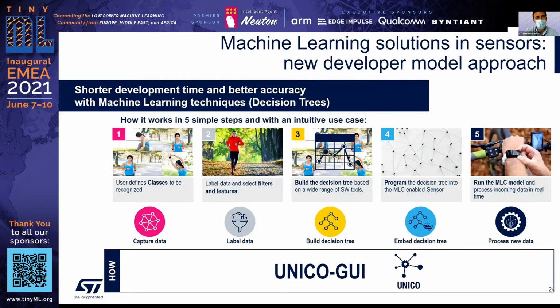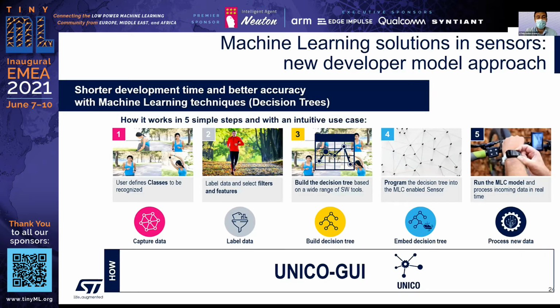How does it work? We will see it afterwards, but we basically have five steps to run. We have to capture the data and define the classes. This means that if you acquire a data set, as you may know, you have to classify this data using a name such as static, walking, jogging, running, whatever.